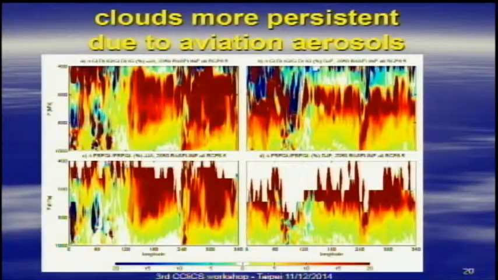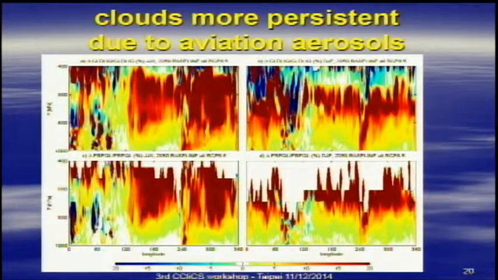Then I look at this final plot. The top panel is the percentage increase in cloud liquid mixing ratio, JJA and DJF. And the bottom panel is basically the lifetime of clouds. We have a frequency factor in the model, which will tell you how frequent, how persistent the clouds are in the model.